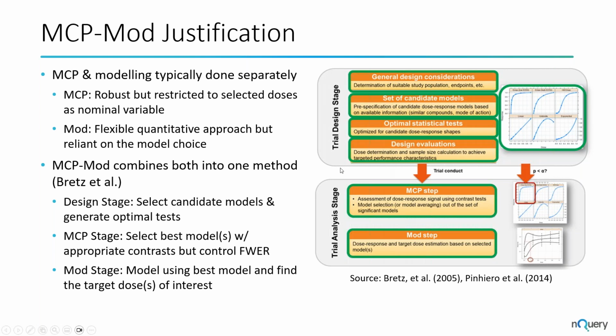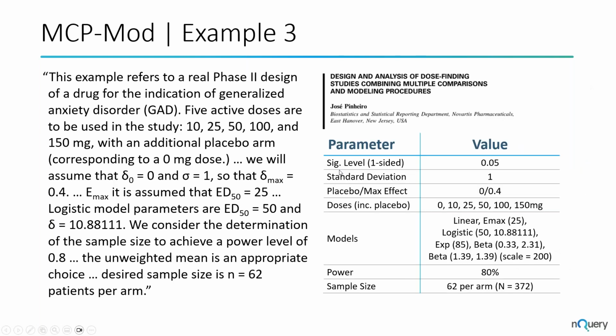But with all that said now, we can move on to our third example, which is a worked example of MCP-Mod. That comes from the 2006 paper by Pinheiro et al., in which they proposed a method for MCP-Mod, and it featured an example of a phase 2 trial for a treatment for generalized anxiety disorder.